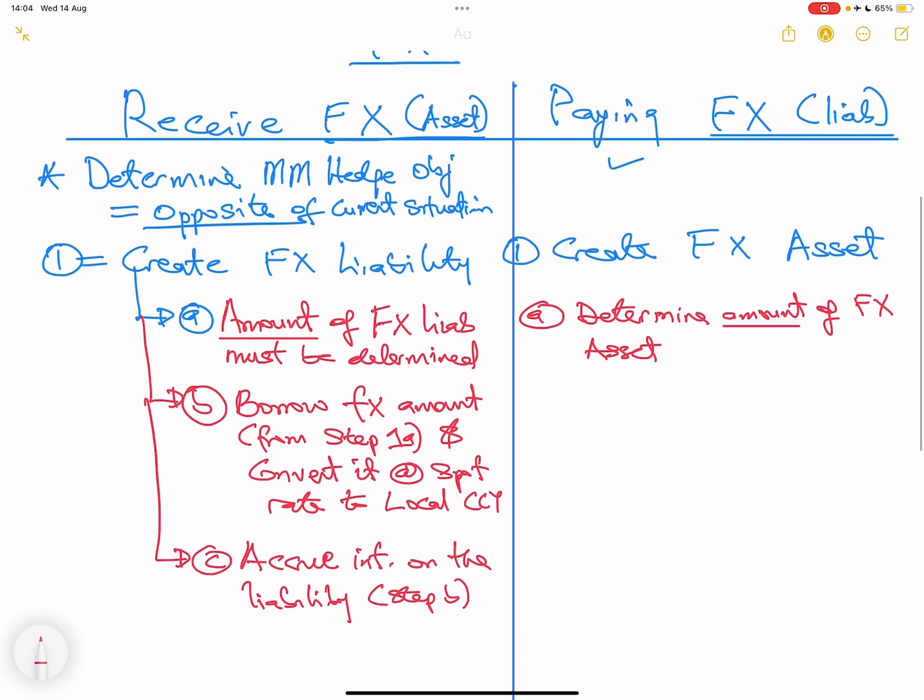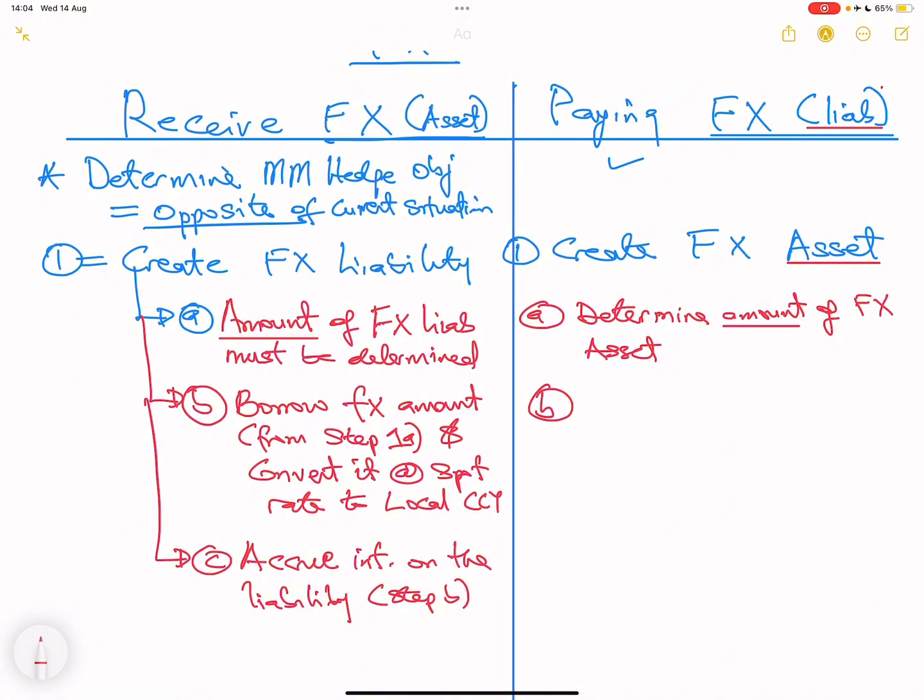A similar thing we'll do if we are paying FX in the future, but opposite. So once we know our objective, currently we have a liability, then our objective has to be to create an asset. So A is we need to know the amount of asset we need to create. Very important. And once we know that amount, we cannot go and borrow another FX to create this asset because we already have a liability. If we borrow again, then we have two liabilities in FX, and we have not helped ourselves.